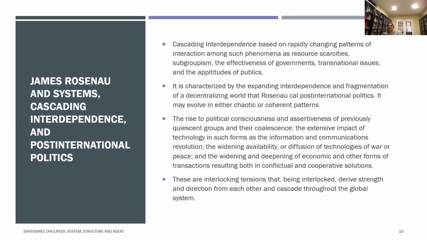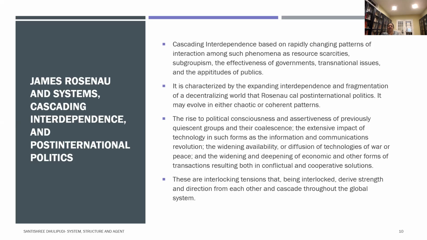It is characterized by the expanding interdependence and fragmentation of a decentralizing world that Rosenau called post-international politics. It may evolve in either chaotic or coherent patterns.